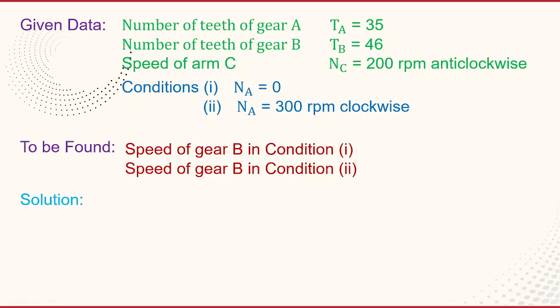The best approach for any problem is: first note down the given data, thoroughly reading the problem; then note down the to-be-found, what you are going to find out; then go for the solution.